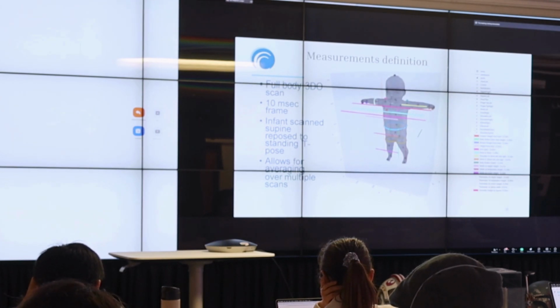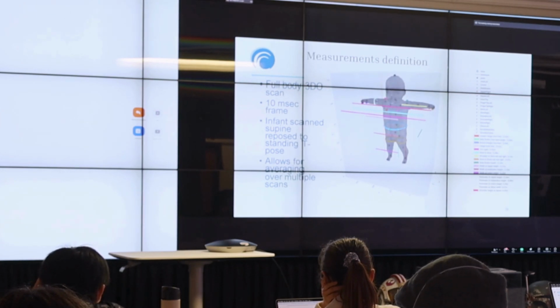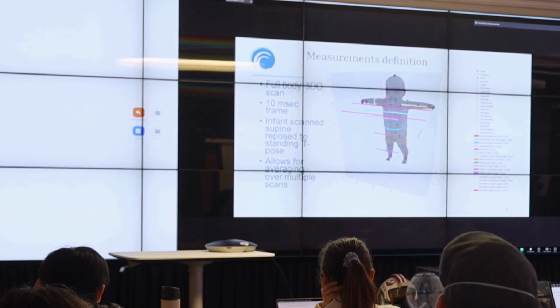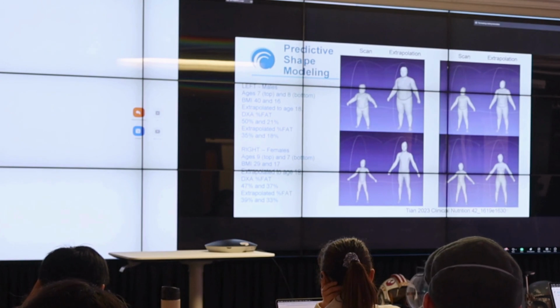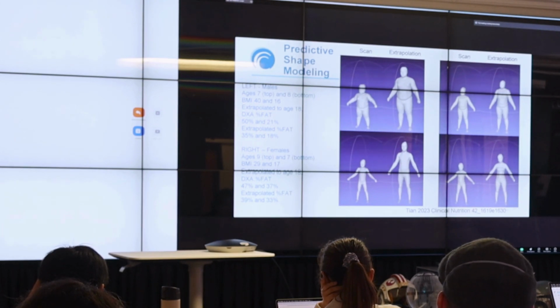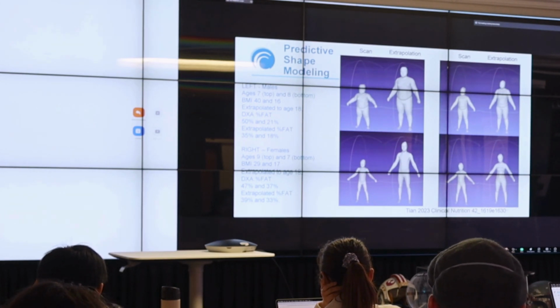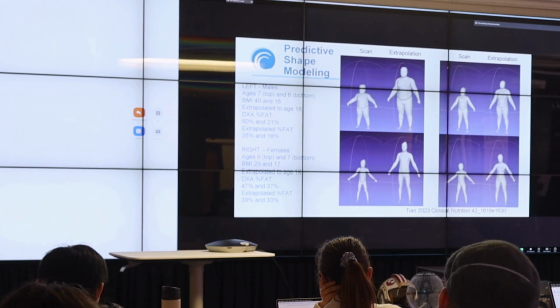So in this way, we can standardize body shape and dimensions, as well as look at more complex models using the mesh points themselves as inputs to the model. And this is just an example of how we can take a scan of a young child and extrapolate out what is their likely life course if we aged them from a young age of 7 to something like 18 years old.